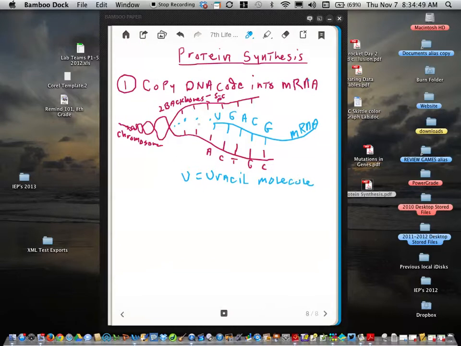And that's right here. So that uracil replaces the T. So wherever you see an A on the DNA, it would normally bond to another A over on this backbone, but since this is an mRNA strand being formed, it's a uracil. Okay? So A bonds to U.